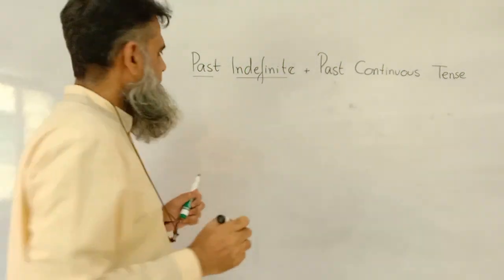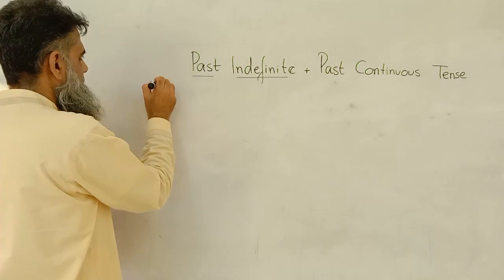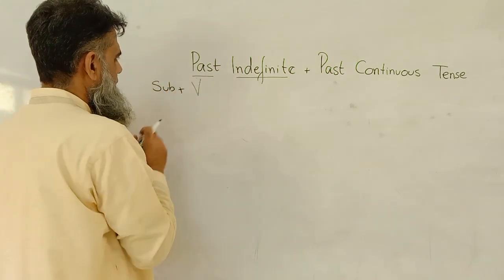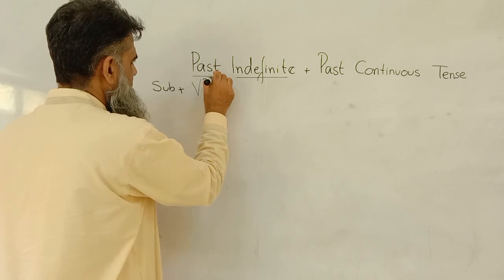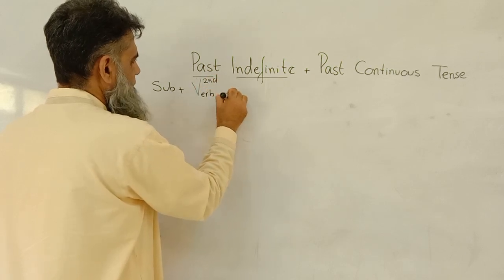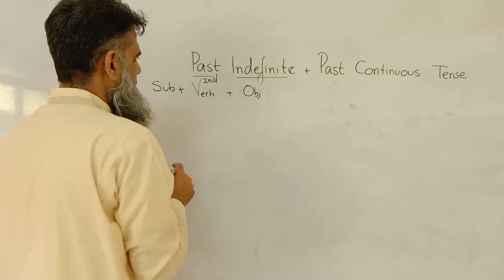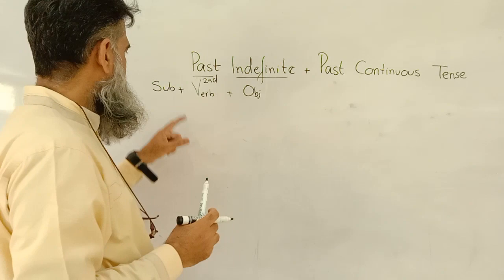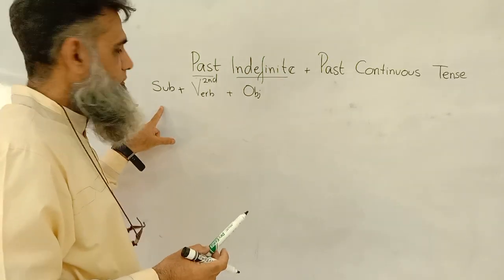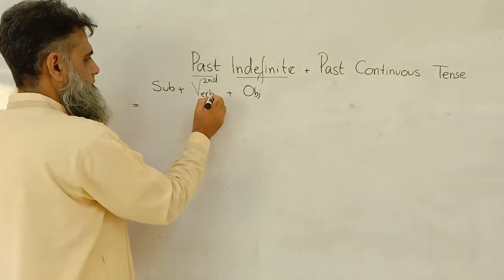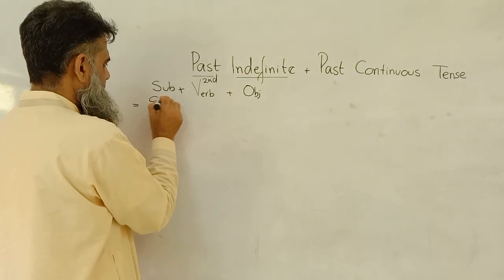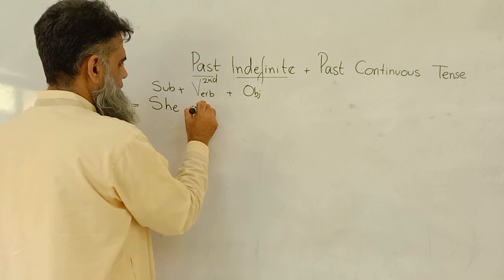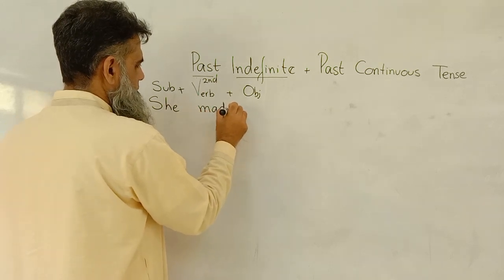In past indefinite tense, we use subject plus second form of the verb plus object. For all types of nouns, either it is he, she, singular noun or plural noun, we use the second form of the verb. For example, she made tea.